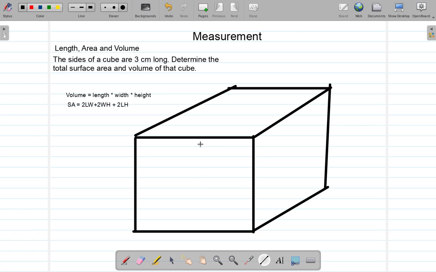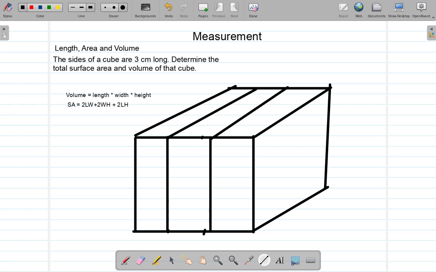Now, since each side is 3 centimeters, let us divide the sides into the 3 centimeters. That's 1, 2, 3 centimeters. 1, 2, 3 centimeters. So let's draw down this line and this line. This line is a bit far. Let's put it here. It looks more like it. Then let us divide the width into 3 centimeters and the height into 3 centimeters.